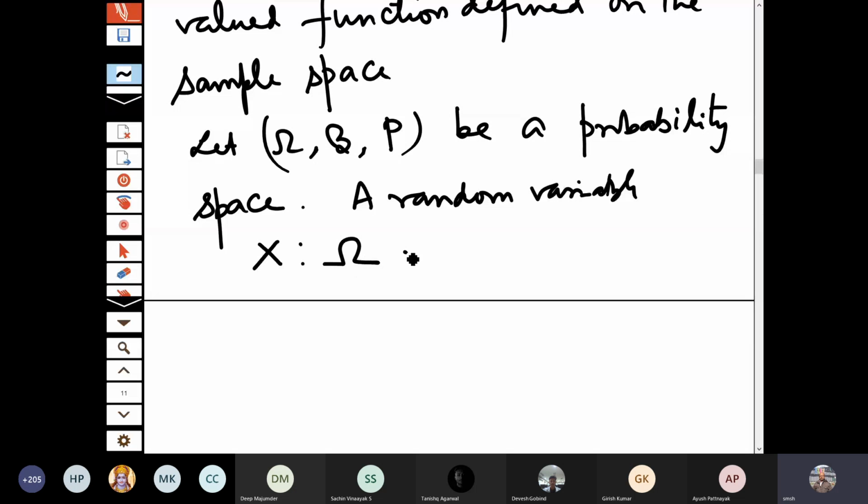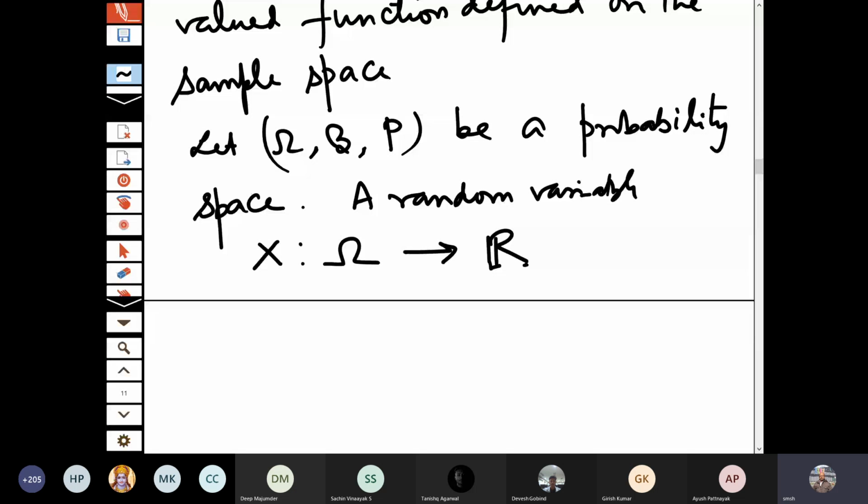So this is a function from omega into R. Technically we put a condition of measurability, but I will not talk about that at this moment. Because B is the event space, for every set in the event space, each element corresponds to something. So basically we have a condition that on the right hand side also you will have a subset.